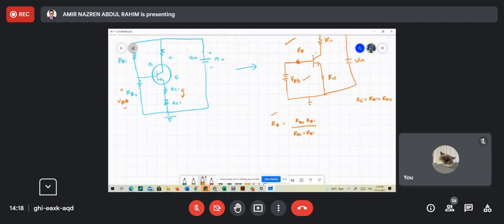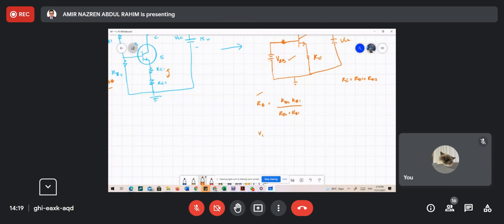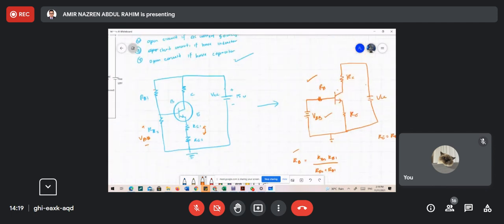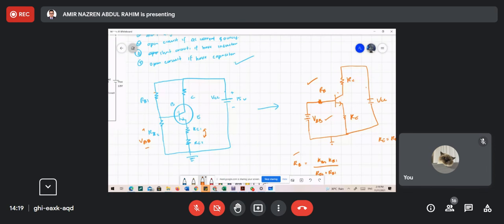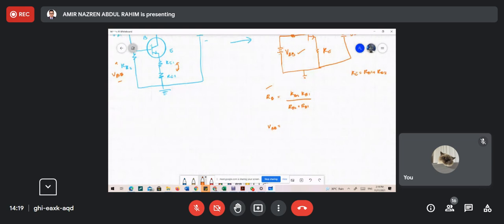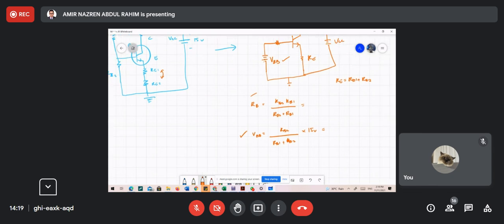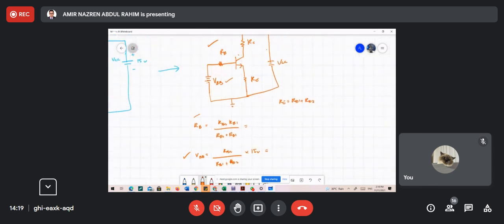To find VBB, we need the voltage divider. The voltage divider formula is the voltage dissipation between RB1 and RB2 where the source is 15. So RB2 over RB1 plus RB2 times 15. So we get VBB.